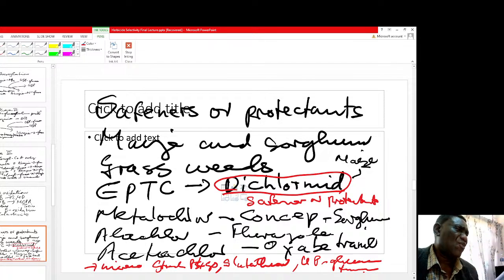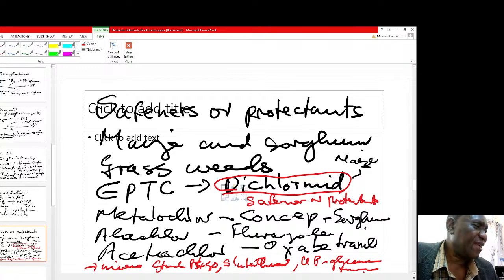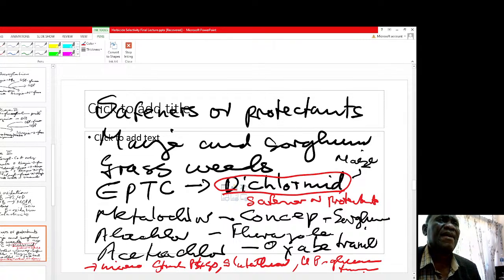We now want to move on to something different. Now, when we apply our herbicides, let's say you are applying Fusilade, which is a post-emergence herbicide used in soybean.